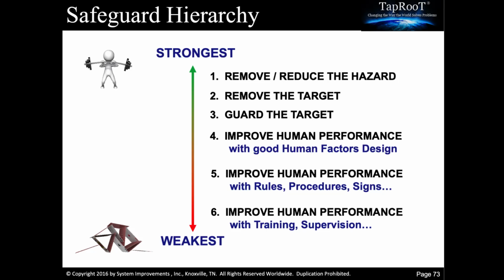That's right. Okay. So again, training is... you're not going to hear me ever say don't train your people, but you have to recognize the limitations of training. And it is a very weak corrective action. On our safeguard hierarchy, training is the lowest reliability corrective action, safeguard. It's a very weak safeguard.